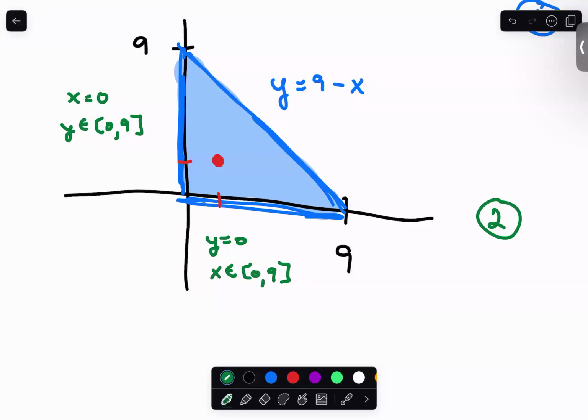And then this is a right triangle, so we could say the hypotenuse. The equation was already given to us, y equals 9 minus x. What would x range between? 0 to 9 again, right? All the way from the top dot to the bottom dot, that's from x equals 0 to x equals 9.